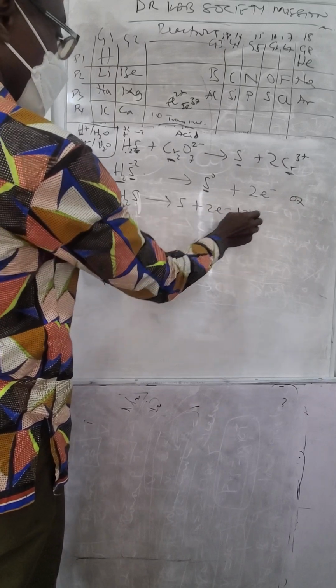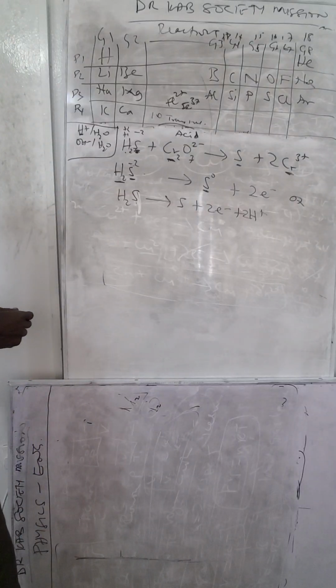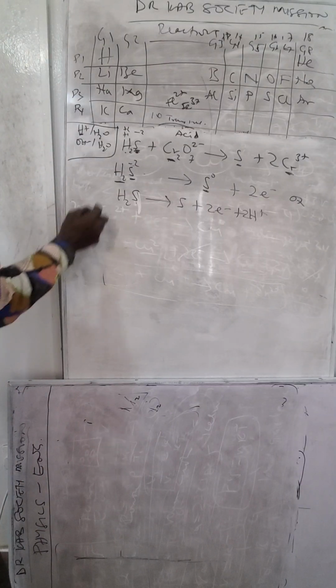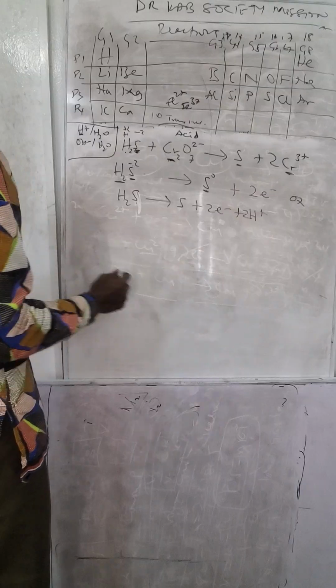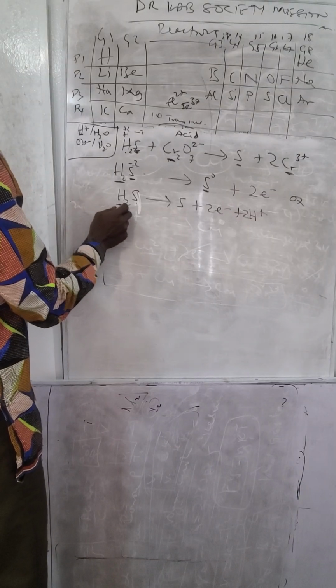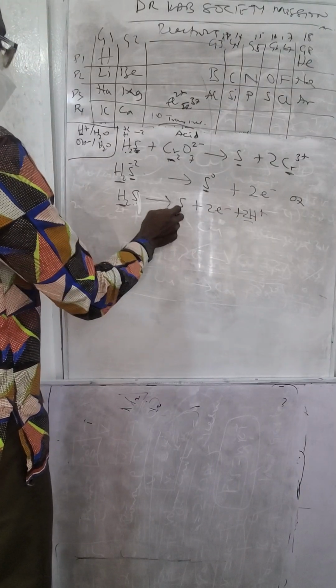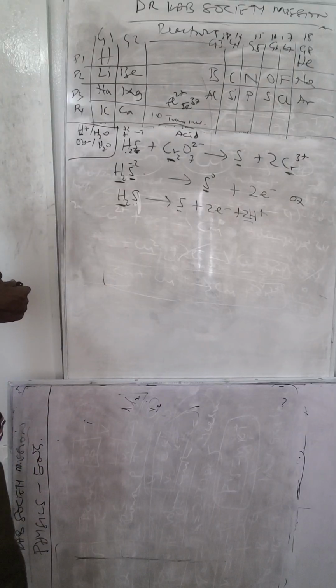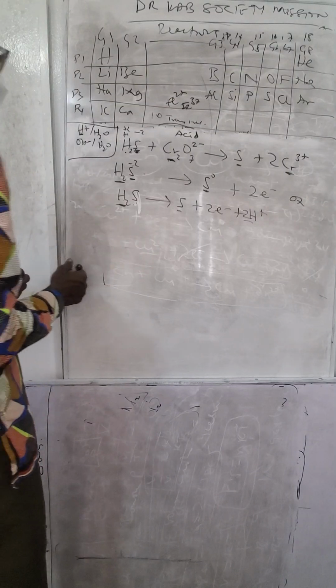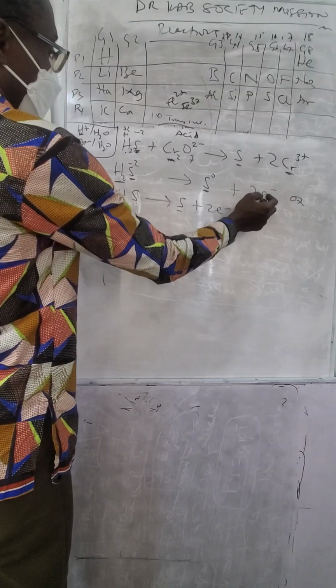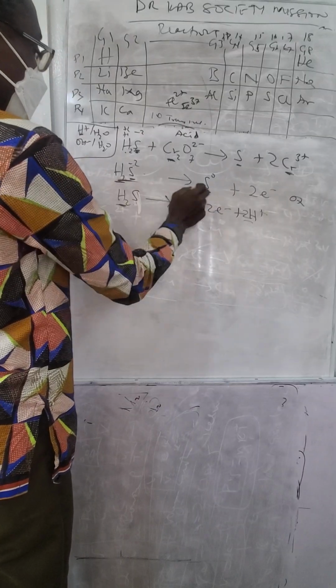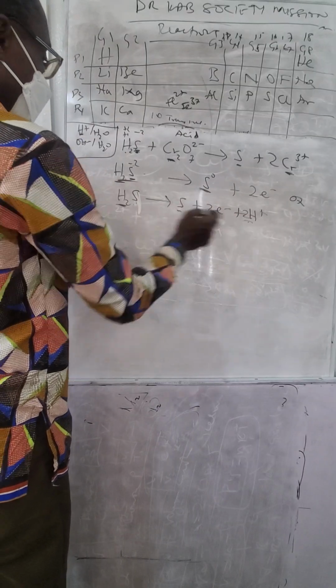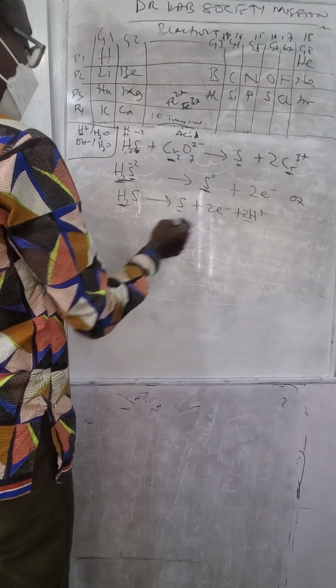How many H are there? 2 plus. Good. When you have balanced the atoms, always balance the atoms first. H is the same here and here. Now check whether the electrons are balanced. In fact, we could have decided not to add this one; you could have just written this and that, balanced the atoms, and then come to the electrons.